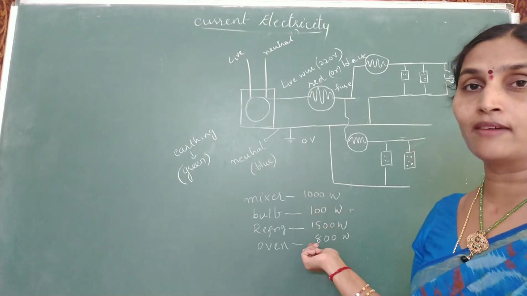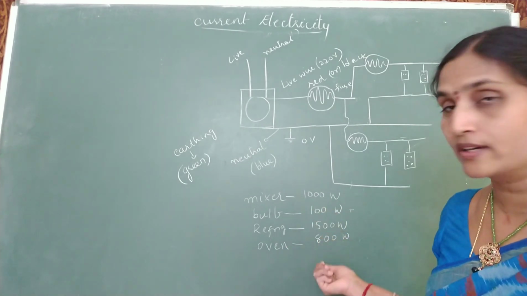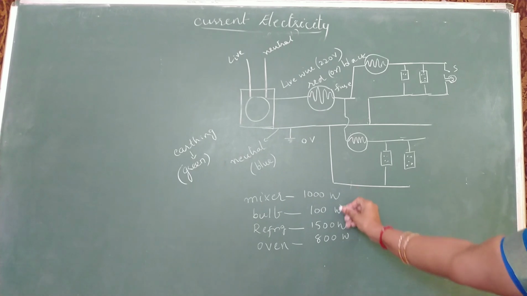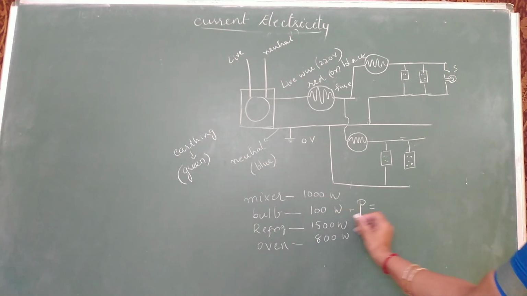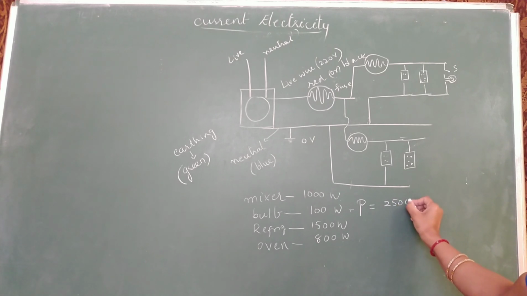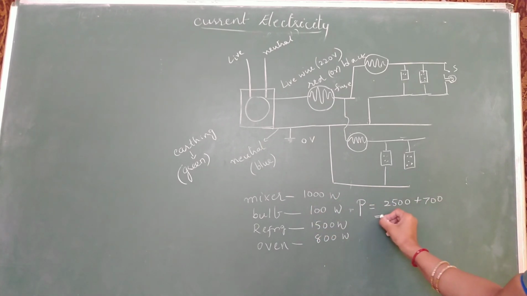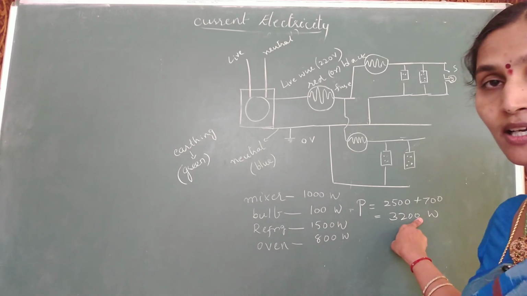So what is the total power consumed if you switch on all 4 devices? Calculate. We know total power is P1 plus P2 plus P3 plus P4. Add all of them. 1000 plus 1500, 2500, plus 800 plus 100 plus 700. What is the value? 3200 watt. So this is the total power I have taken as an example.